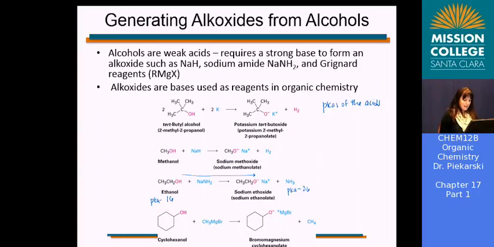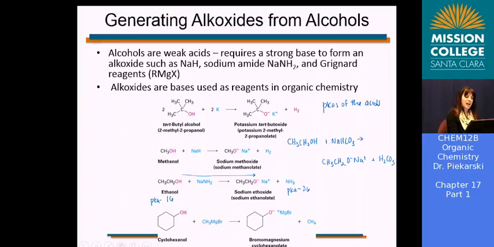Okay? However, if I did the same reaction but with sodium bicarbonate, which is a base you use often in organic, the products of that reaction would once again be the sodium ethoxide, the conjugate base, plus carbonic acid, right?